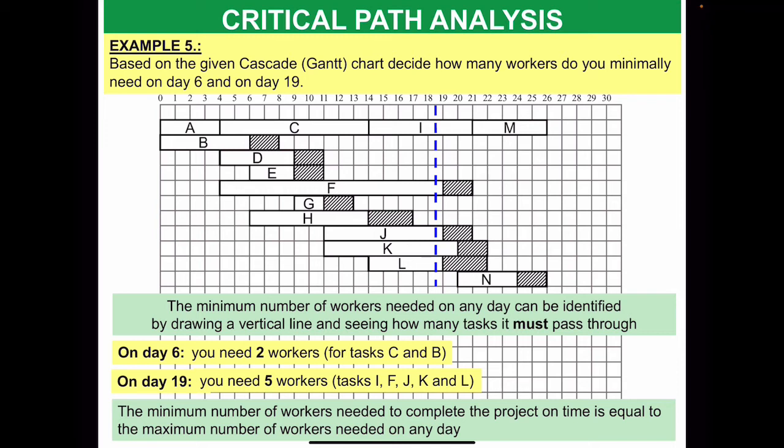In this case, 5 was the maximum number of workers needed. That means it's the minimum number of workers that you need for the project.